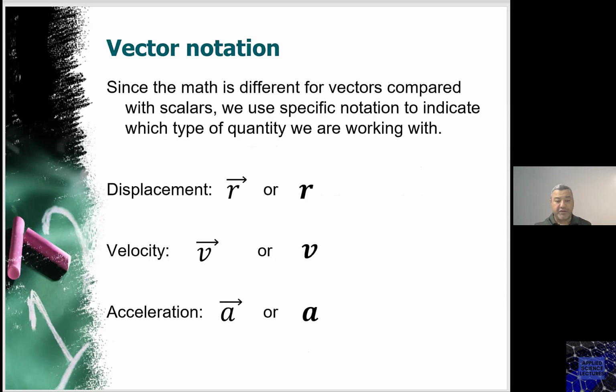So the notation, vectors have either an arrow at the top or are in bold variables. Both of those are used to indicate that those variables or those quantities are vectors. So either bold or with the arrow.